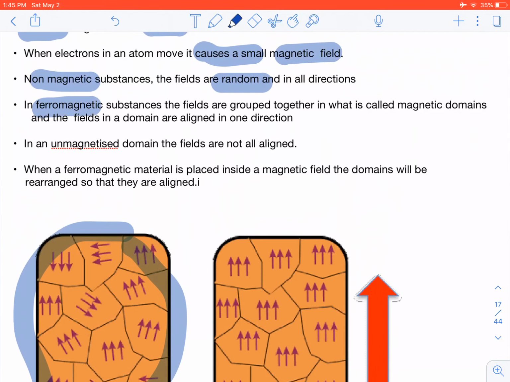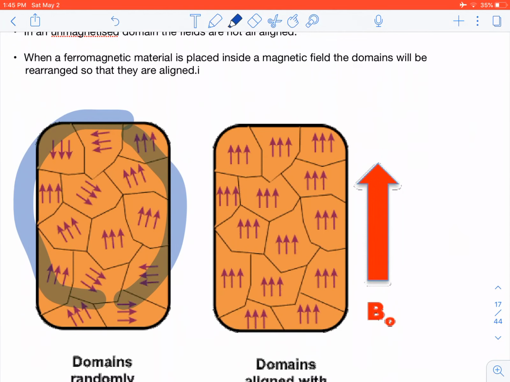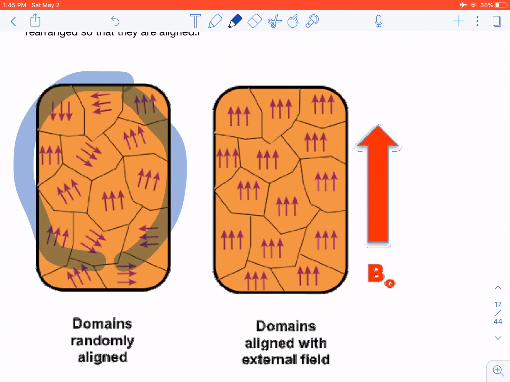In a ferromagnetic substance, the fields are grouped and aligned to a specific direction. If I have a magnetic field here, there's a symbol for magnetic field, and my field is going upwards, I find that all the domains are then aligned here.